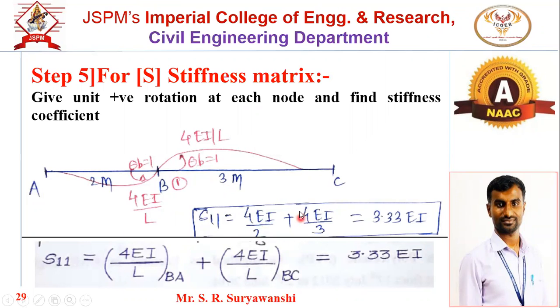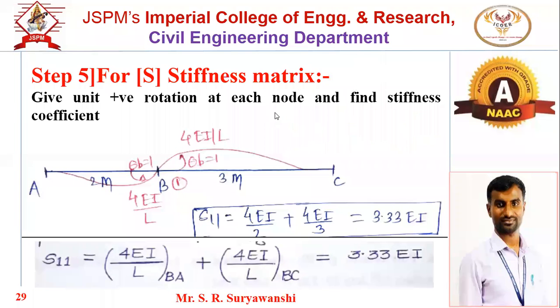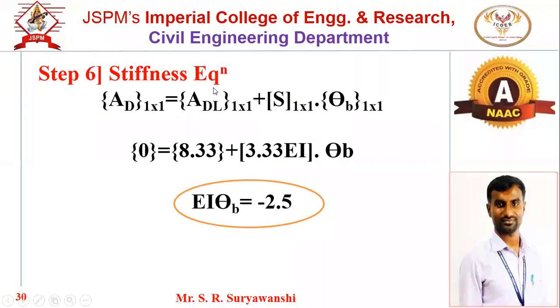For BC it is 4 by 3, 1.33. So 2 plus 1.33 is 3.33EI. So this is S11, and our stiffness matrix is EI outside the matrix, 3.33.